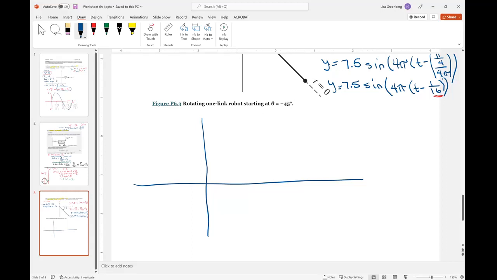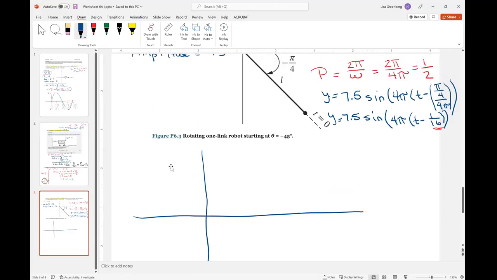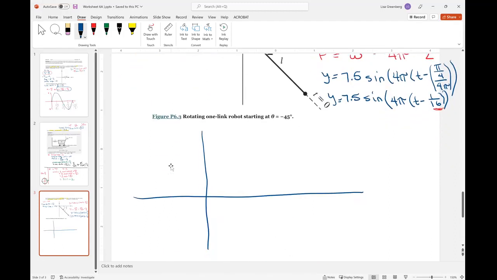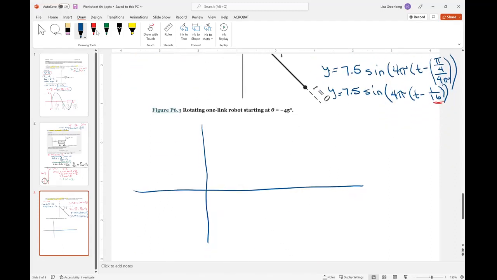Let's see, what do I want to do here? So I know my period. My period is 1/2. Okay, so let's do it. I think this might be the best way. And remember, we have usually 4 markings till we get to the period, right? We have like the pi over 2, pi, 3 pi over 2, and 2 pi.